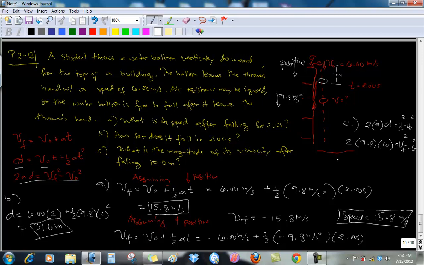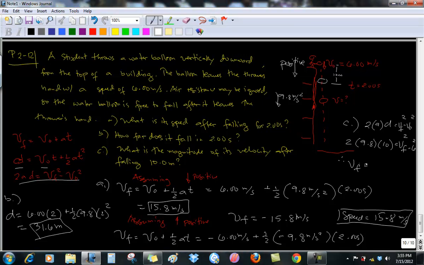Manipulate the equation, and you'll get 2 times 9.8 times 10 plus 36. Take the square root of that, and the answer must be 15.2. Only 15.2 is written because 3 significant figures are given. 15.2 meters per second is the answer for letter C.